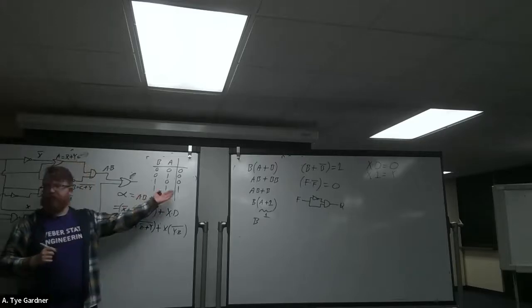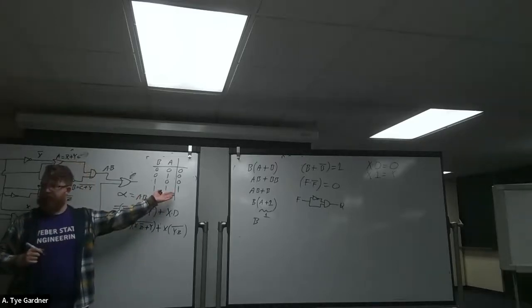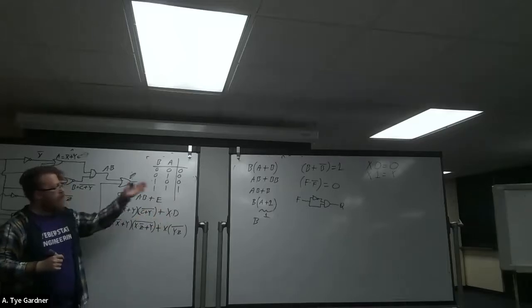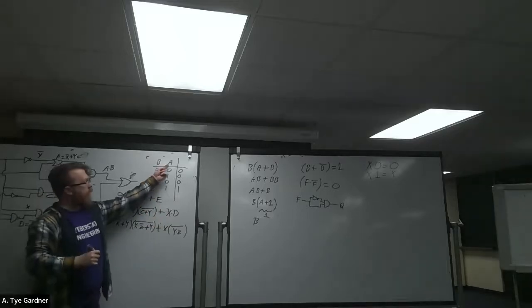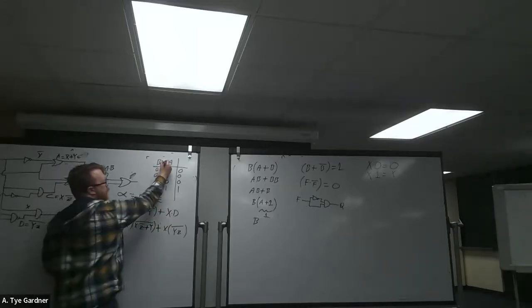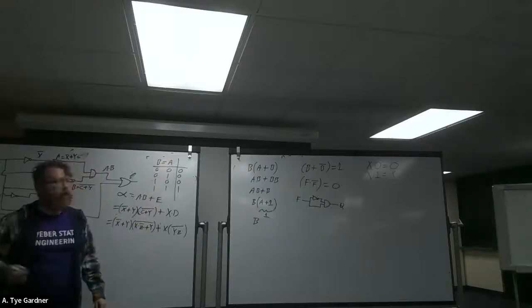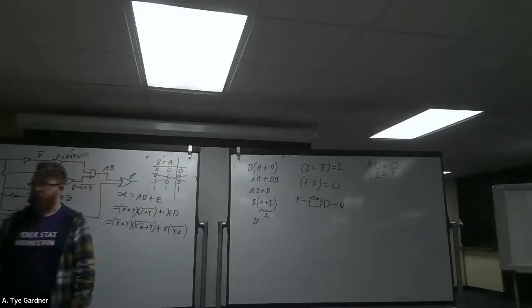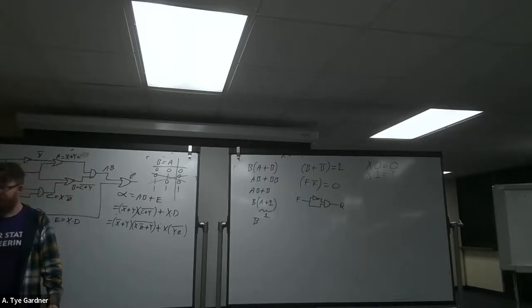So this is the truth table for AND. But B and B means this becomes B. So these are equal, B equals B, which means that the two middle rows can't be true because I can never make the inputs be different.